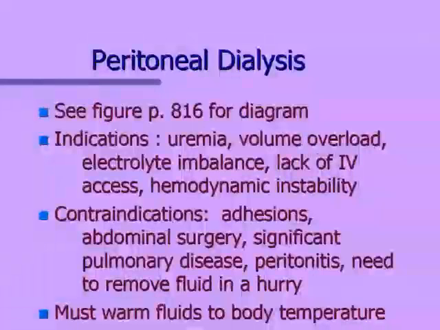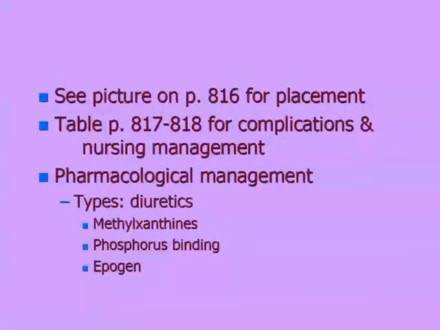Contraindications: adhesions, recent abdominal surgery, significant pulmonary disease, peritonitis, and the need to remove all that fluid in a hurry. Now, the recent abdominal surgery is like 6 weeks. You have to warm the fluids to body temperature. You can't put cold fluids into the abdomen. There's a picture on 816 for placement and a table on 817 to 818 for complications and nursing management.